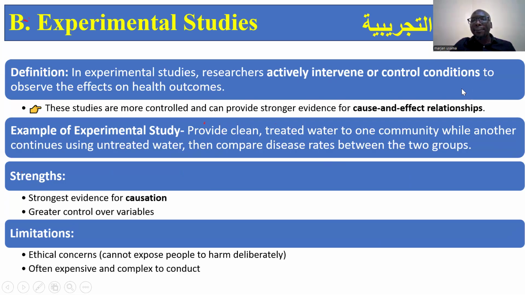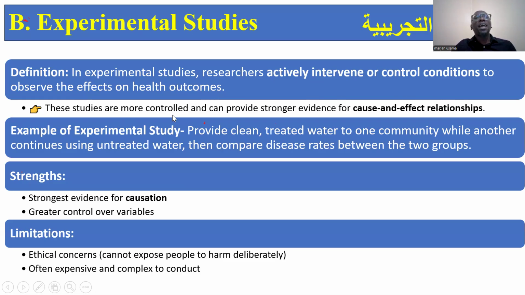We only have 5 minutes remaining. So in experimental studies, researchers actively intervene. There is an experiment, there is an intervention or control conditions, to observe the effects on health outcomes.